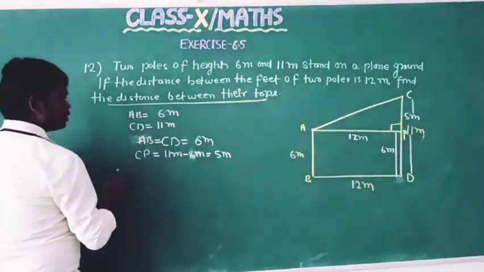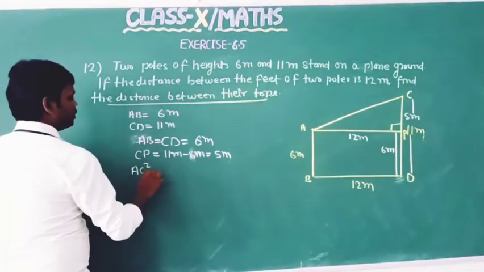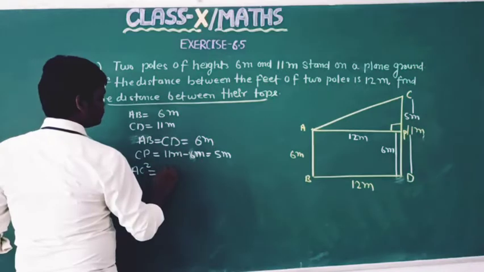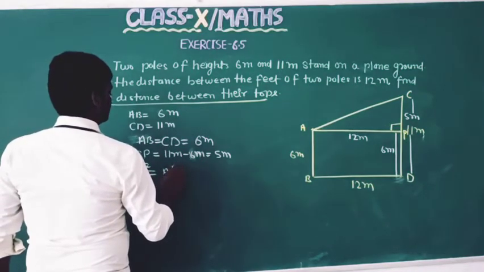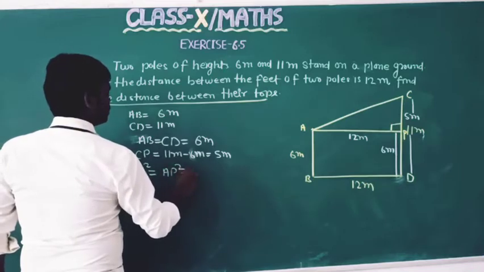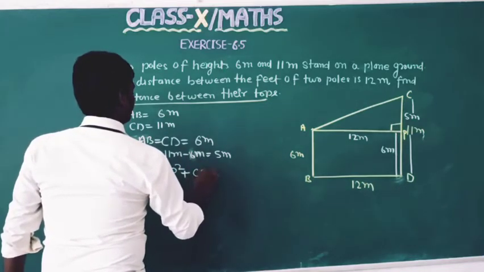Then we can apply the Pythagoras theorem. So AC square equals AP square plus CP square.